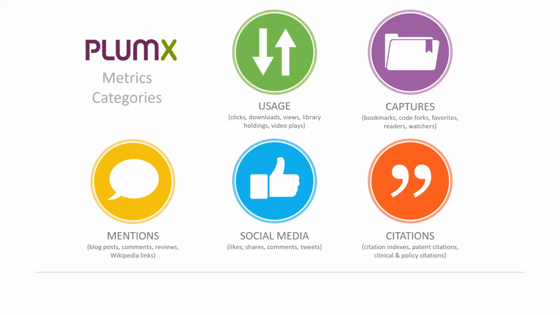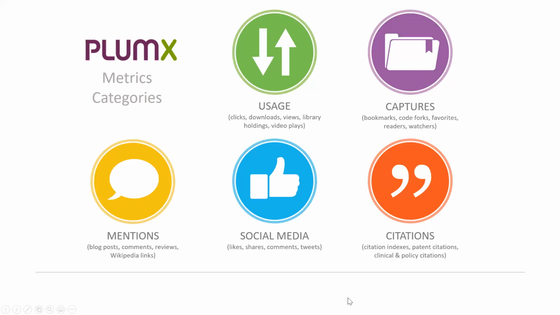Mentions are the measurement of activities such as news articles or blog posts about research. Mentions is a way to tell that people are truly engaging with the research. So we have there blog posts, comments, reviews, Wikipedia links.